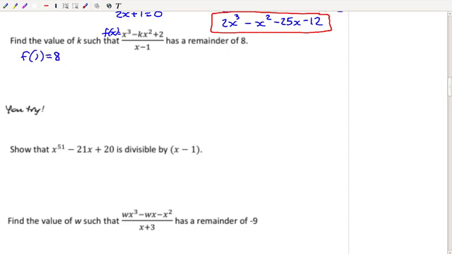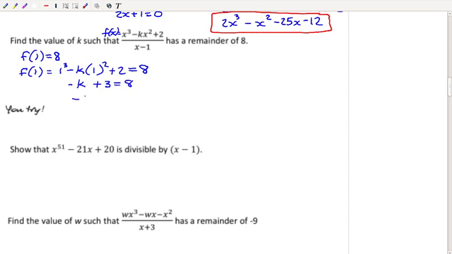So if I plug in, f of 1 is going to be 1 cubed, plug in 1 to each of these, minus, I don't know k, but this is 1 squared plus 2, that all has to equal 8. Then I just need to evaluate, collect my like terms, all that good stuff. So this is minus k plus 3 equals 8.